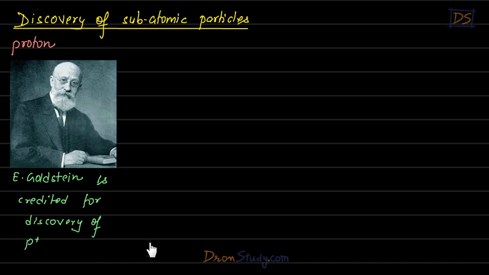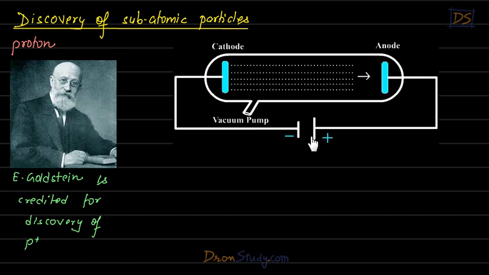You'll understand. Basically he did an experiment once again on gas discharge tube, and in certain circumstances Mr. Goldstein found that some particles were coming out from the anode, right? And these stream of particles were called anode rays, right, students?